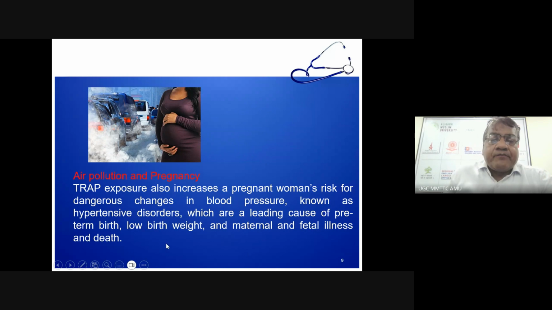Low birth weight, where the weight of the baby at birth is lower than normal. And maternal and fetal illnesses and death. If there is more toxicity, then it may lead to maternal and fetal illness and death.